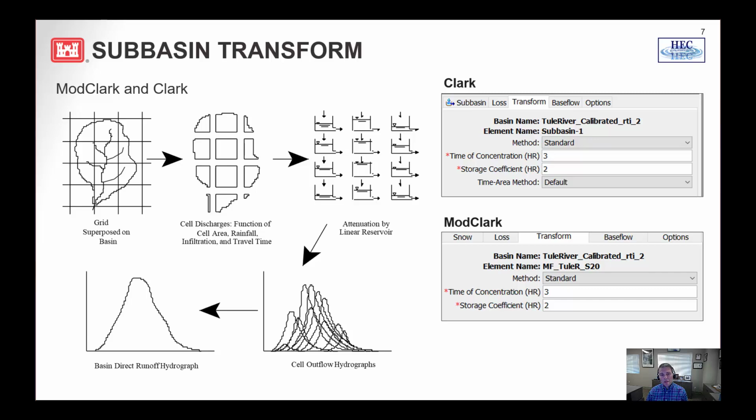There are some options in HMS though to account for different conditions in the watershed. There's also a variable Clark and a variable Mod Clark method. And what that means is you can define a relationship between these parameters, time of concentration and storage coefficient, and your precipitation intensity. Right?